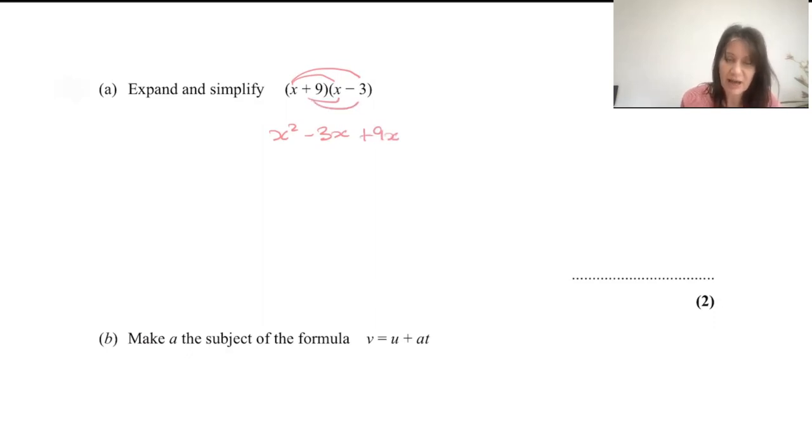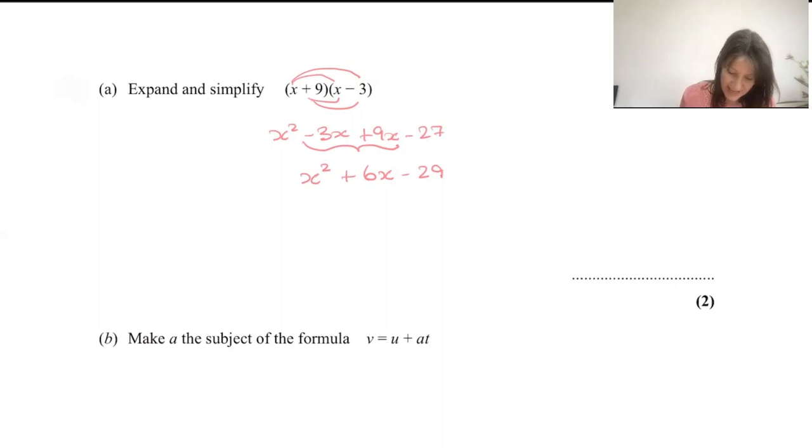I've got 9 times minus 3, which is minus 27. And then you've got to collect that middle section up. So minus 3 plus 9 takes me to positive 6 on the number line, minus 27. So you'll get 1 mark for expanding and you'll get 1 mark for collecting that up.